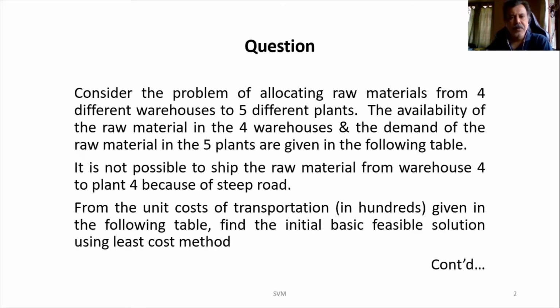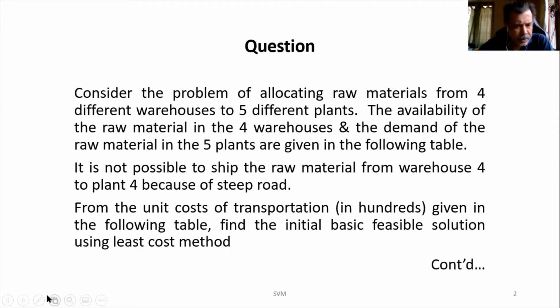Consider the problem of allocating raw materials from 4 different warehouses to 5 different plants. The availability of the raw material in the 4 warehouses and the demand of the raw material in the 5 plants are given in the following table. It is not possible to ship the raw material from warehouse 4 to plant 4 because of steep road.